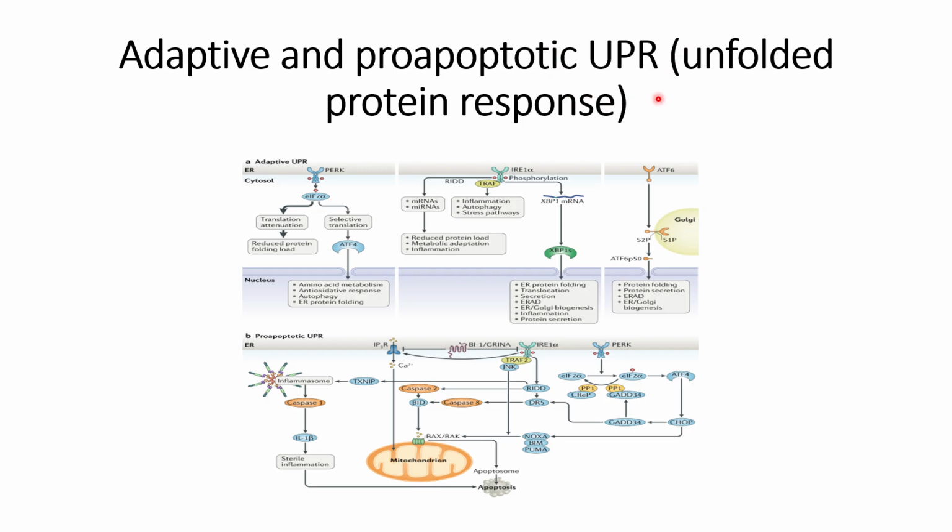Unfolded protein response is produced in the endoplasmic reticulum whenever the amount of unfolded protein increases beyond a normal limit.